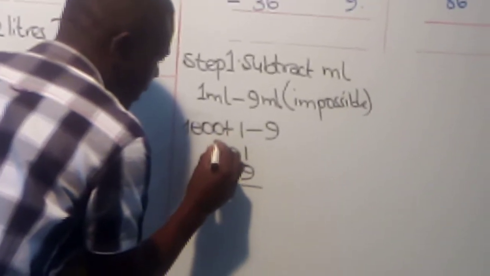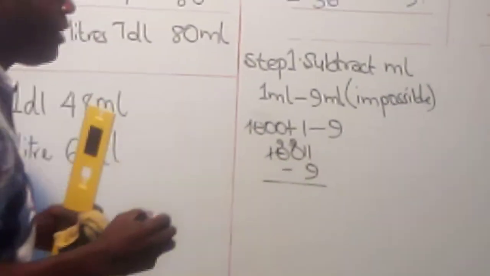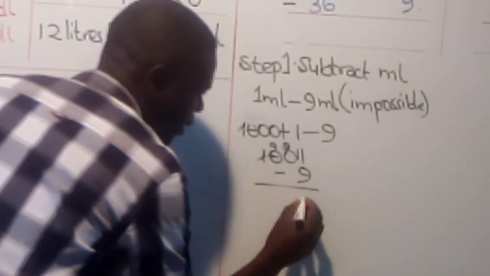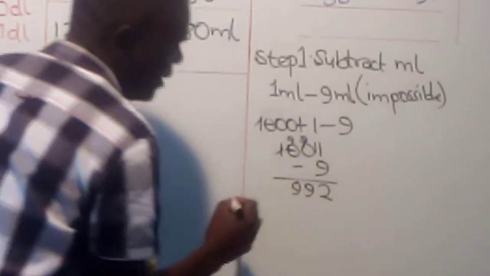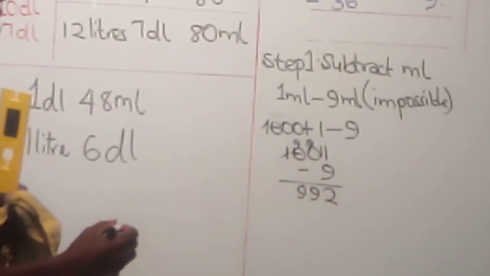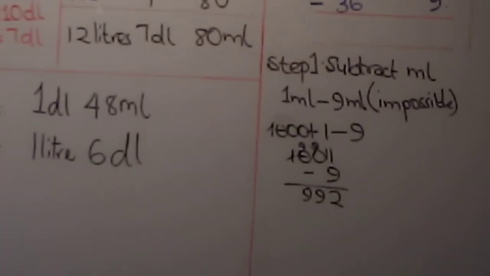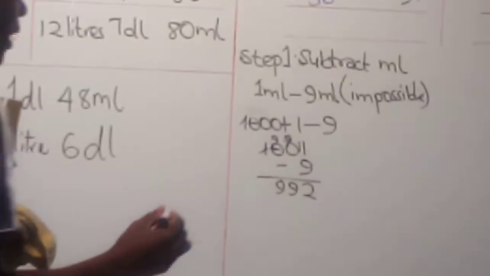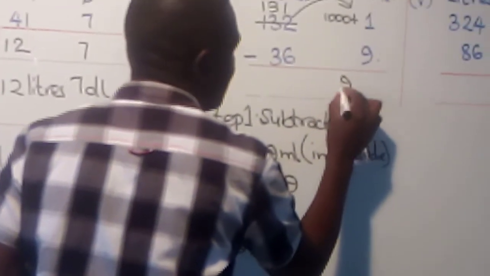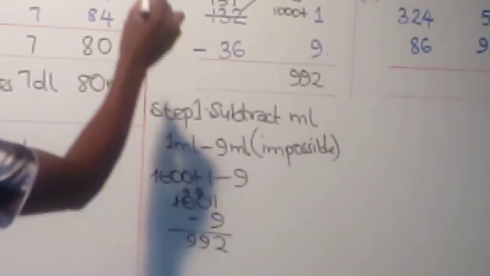We have 9. Then we have 11. 11 minus 9 is 2, boys and girls. And then here we have 9 and 9. So 992 milliliters. And we record 992 milliliters.